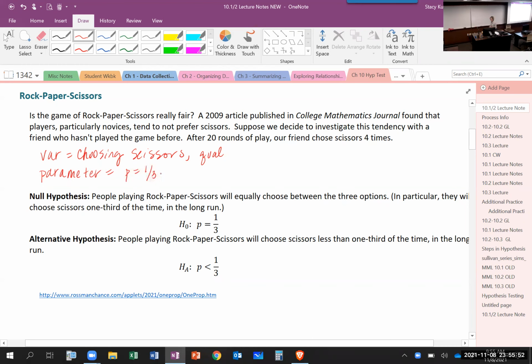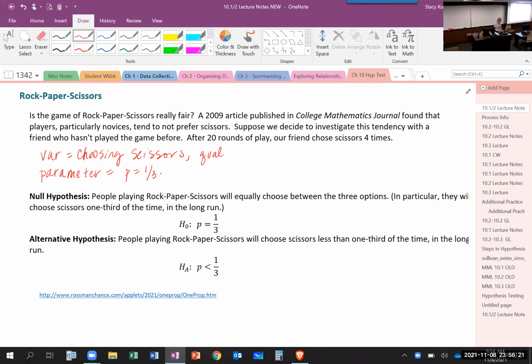Do we all agree with that? Notice that I've already identified a variable for my parameter. We're talking about a proportion, so we use lowercase p, no hat, no nothing. That indicates a parameter, a population variable. So the parameter is that you have a 1 in 3 chance of choosing scissors in the long run.